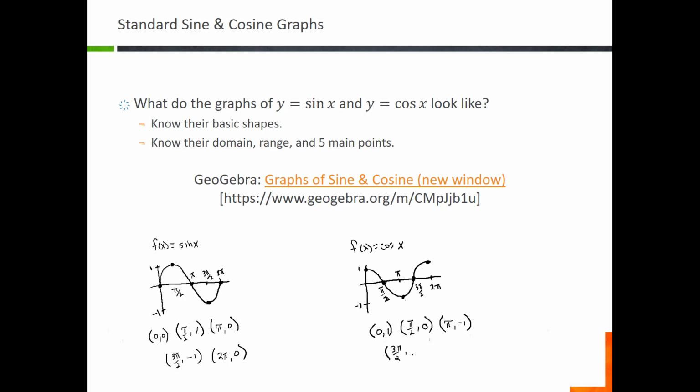At 3 pi over 2, we're back to the x-axis, so that's y equals 0. And the last one is at 2 pi. Again, at 2 pi, we're up at the top, so we have a 1 again. So those would be the 5 main points for our sine and cosine functions. And as we're going to get into transformations in a minute, we need to look at how those 5 points change.